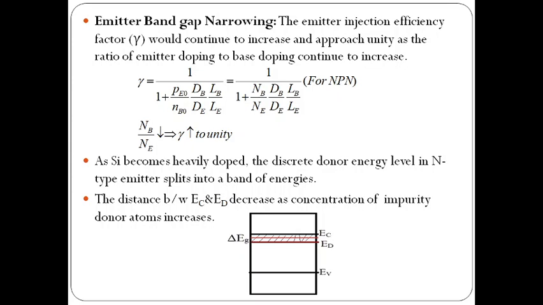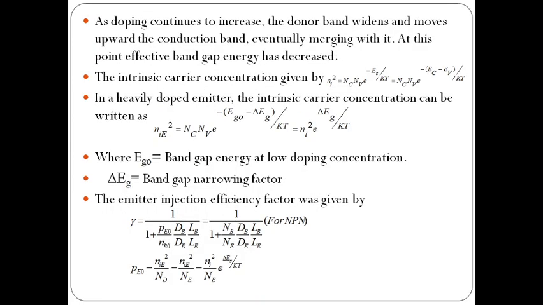As doping continues to increase, the donor band widens and moves upward toward the conduction band, eventually merging with it. At this point, the effective band gap energy has decreased. So the effective band gap decreases.